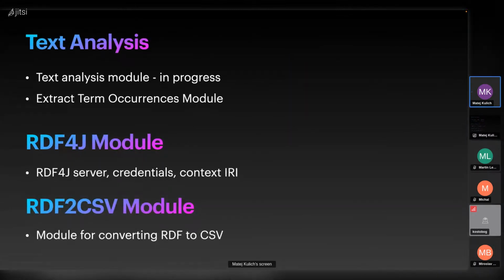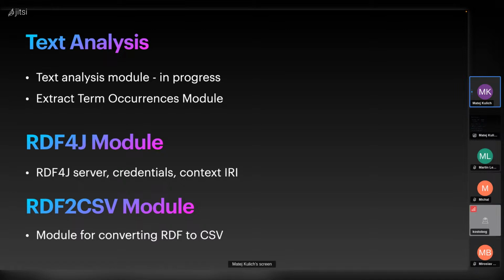Then we have the text analysis module, which is in progress now, and it takes an input RDF with literals, and this module annotates it with an analysis service, and the output is annotated literals pointing to the original literals.